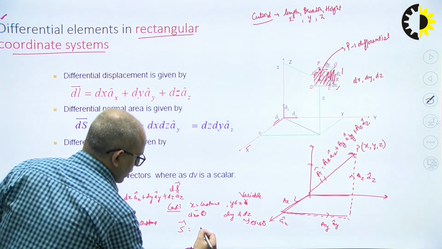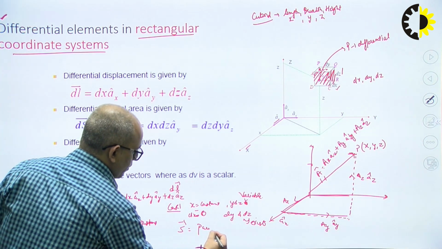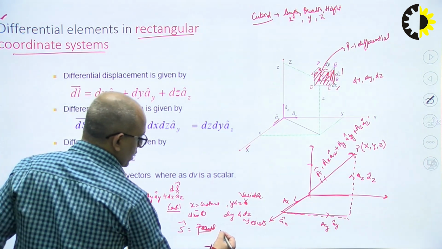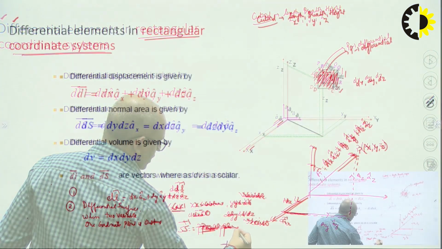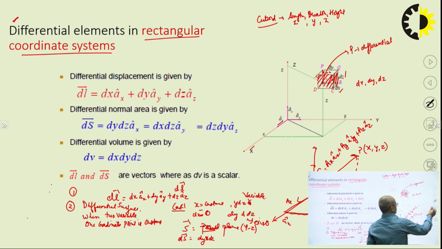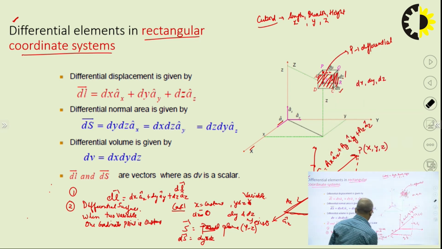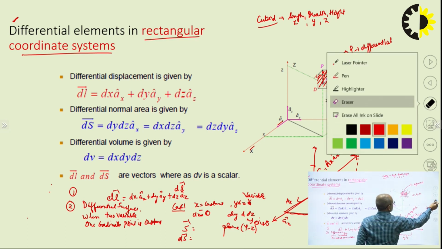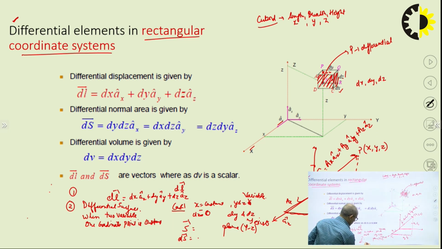In which plane will the surface area exist? In the YZ plane. And in that case, the differential surface vector will be equal to dy into dz. Clear?